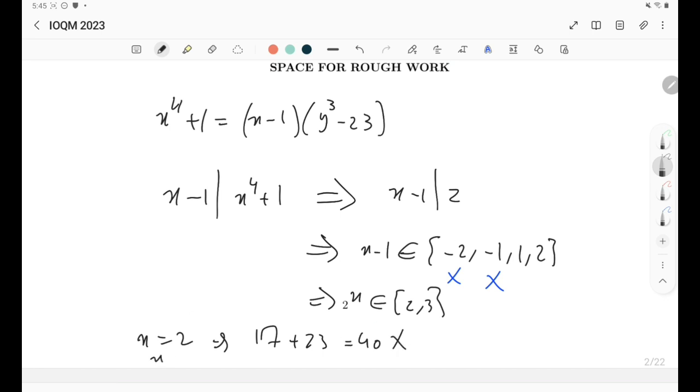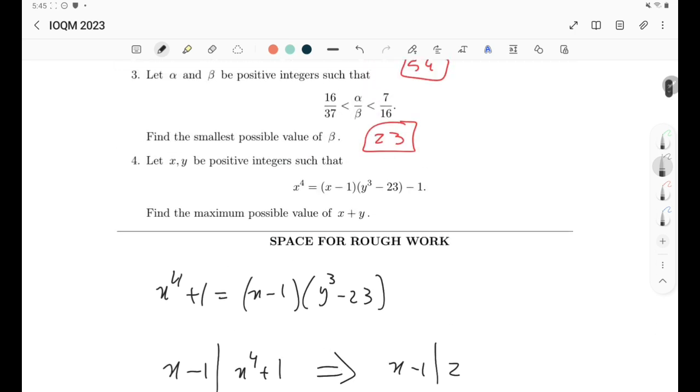But if you try x equals 3, then 3 to the 4 is 81, 81 plus 1 is 82, divided by 2, it's 41, 41 plus 23 is just 64, which is 4 cubed. Hence, in this case, y is equal to 4. So y is 4 and x is 3, that means x plus y is 7. Hence the answer is 7.